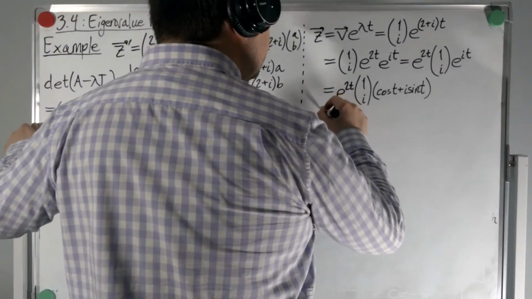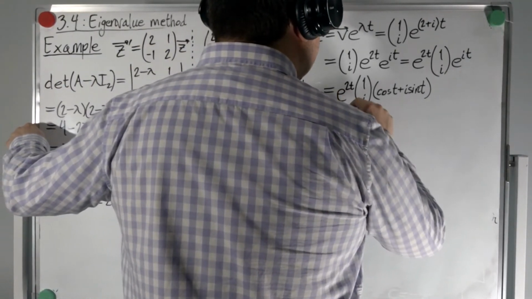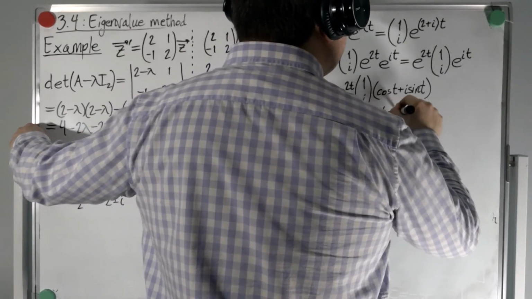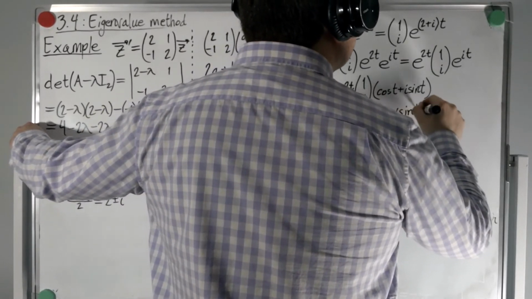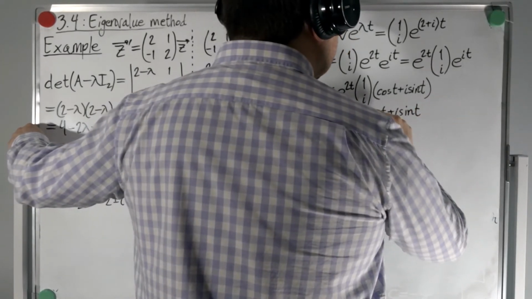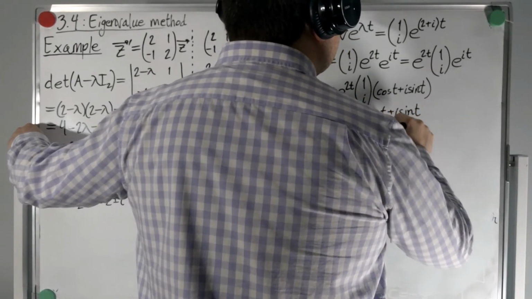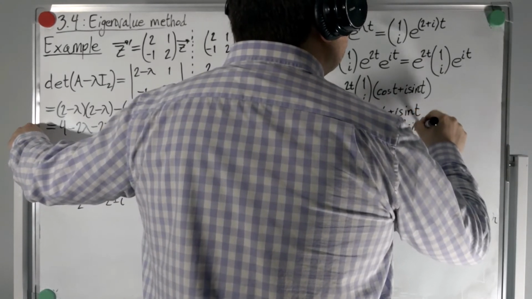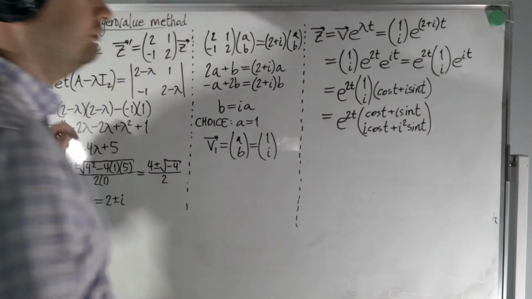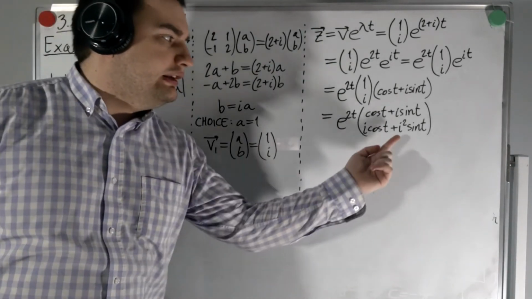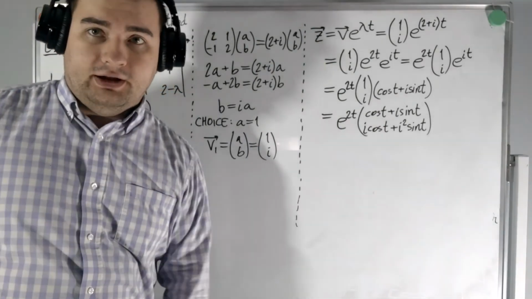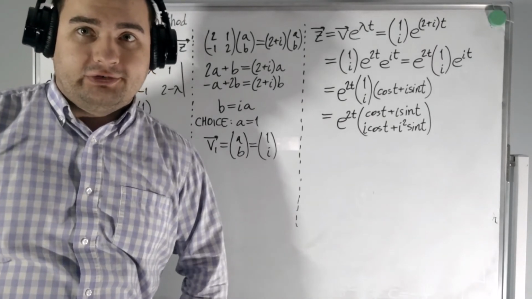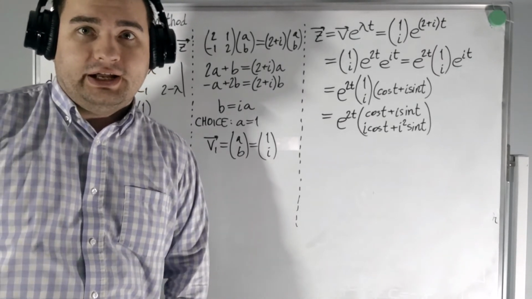Multiply through, you get e to the 2t multiplied by (cosine t plus i sine t, and i cosine t plus i squared sine t). Now, what is i squared? Well, as everyone knows after learning about imaginary numbers for the first time, i squared is negative 1.